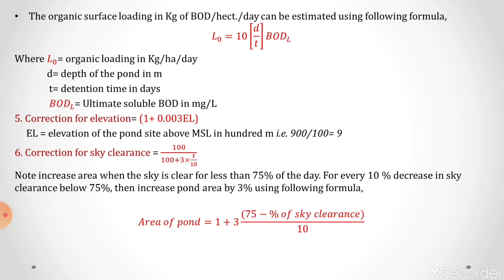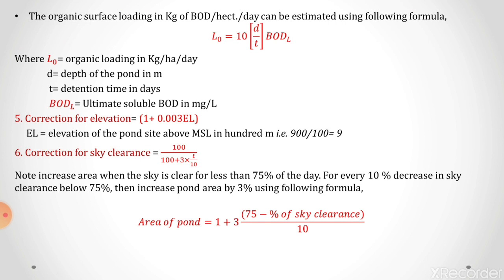The organic loading in kg of BOD per hectare per day can be estimated using the following formula, that is L0 is equal to 10 in bracket D minus T, D divided by T into BOD L, where L0 is the organic BOD loading in kg per hectare per day, D is the depth of the pond in meter, T is the detention time in days, BODL is the ultimate soluble BOD in mg per liter.